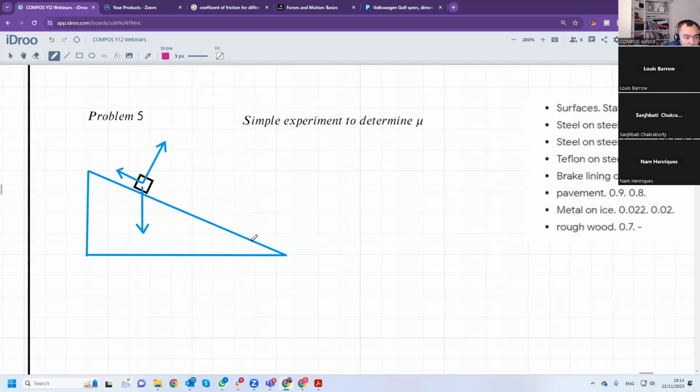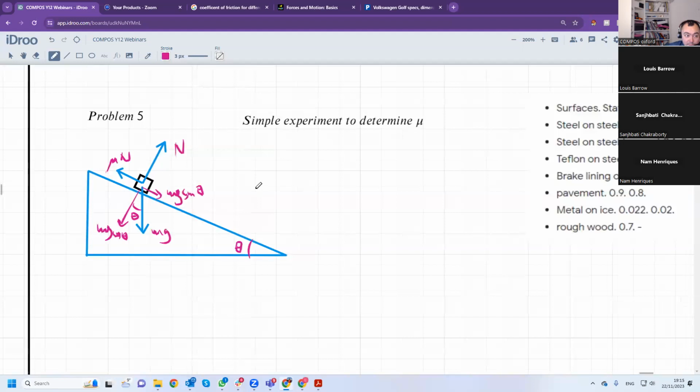And just like before, this angle is theta. So we split this into components. This is mg, this is n, this is mu n, and this is mg sine theta and mg cos theta.